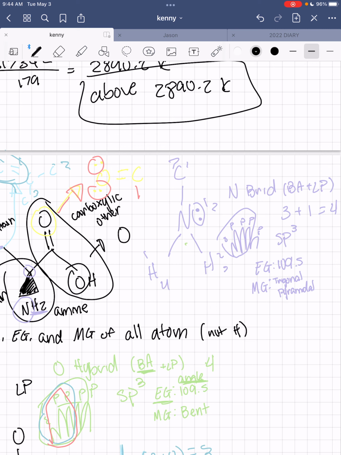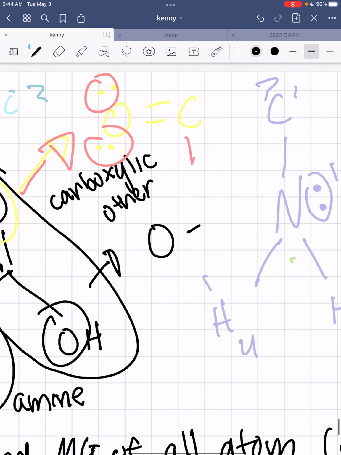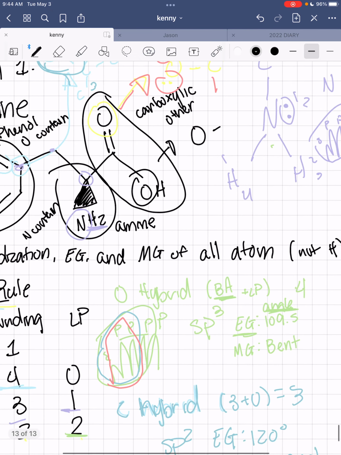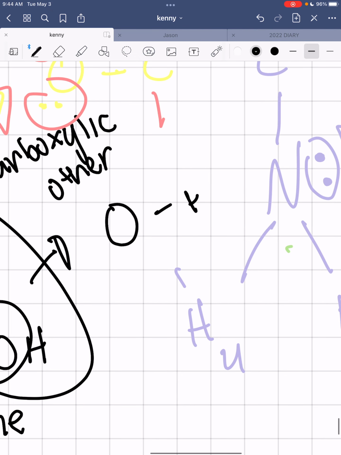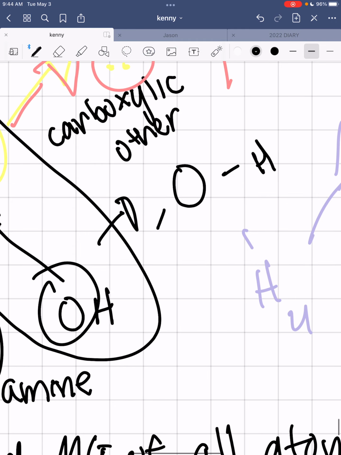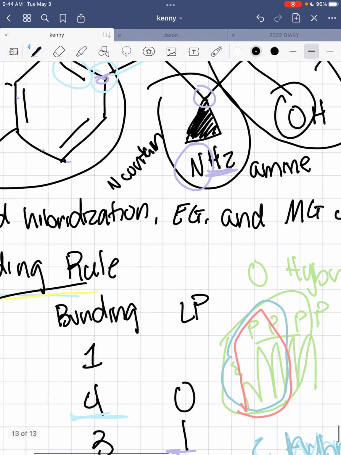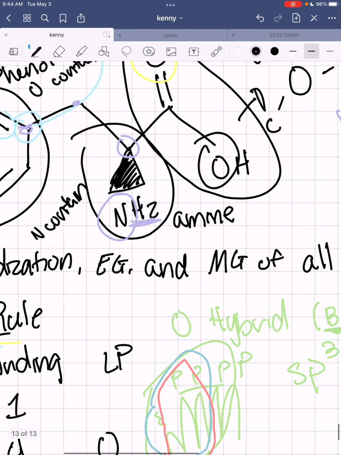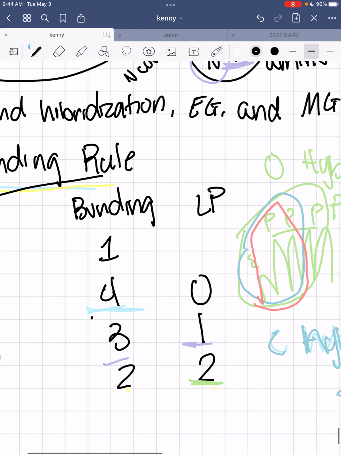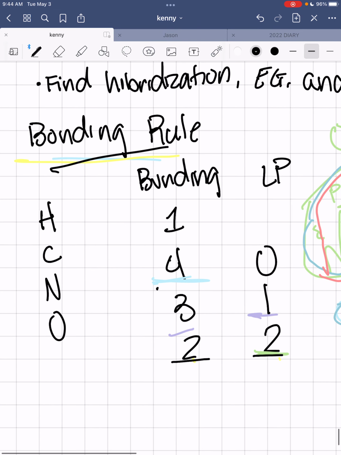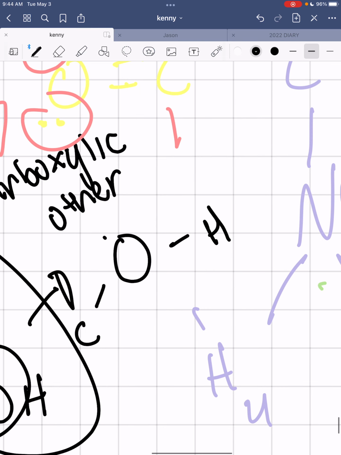Now, you don't always have to redraw it once you get good enough, but I'm redrawing it so I can fill out the bonding rules and make sure that I'm not messing anything up. Since it has 2 bonds, you need to add 2 lone pairs. And we can start writing it out.